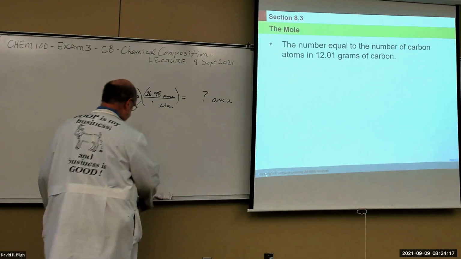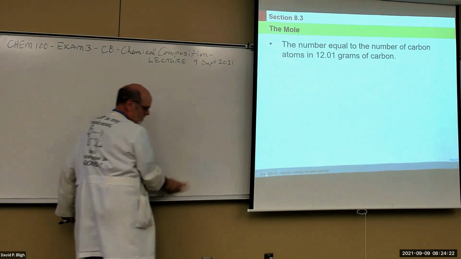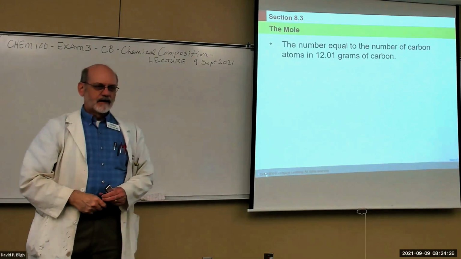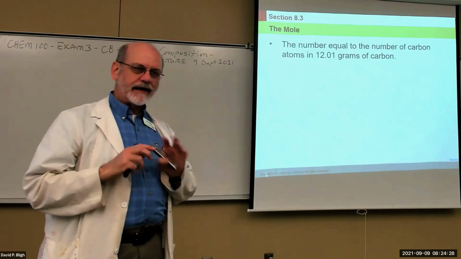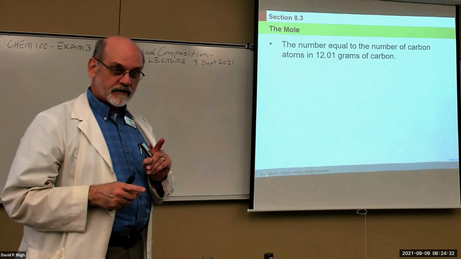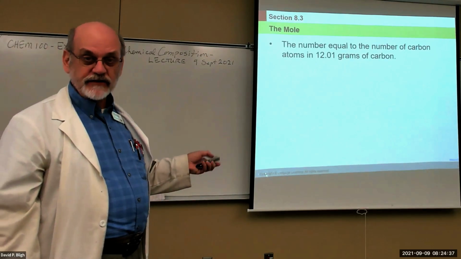Okay. So now we come to the concept of the mole. The mole is simply a number of things. Now, it's derived from the real world, and it's defined in these terms.